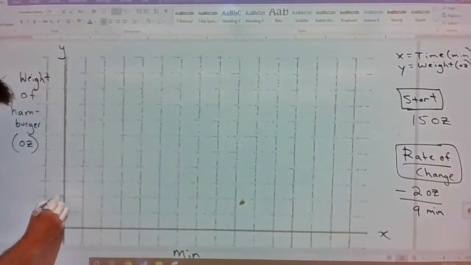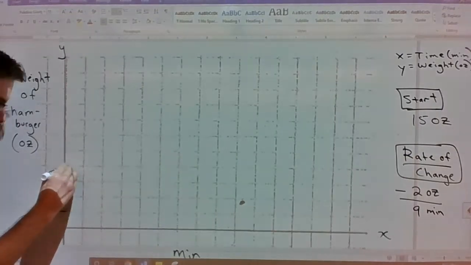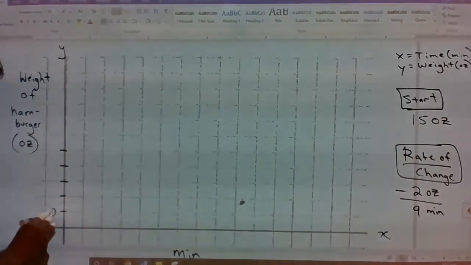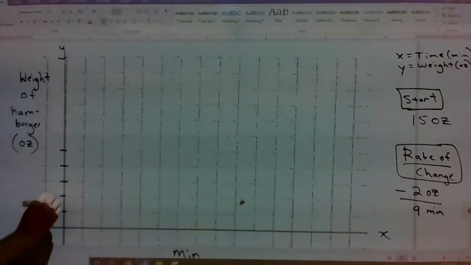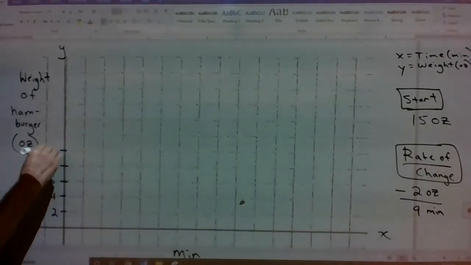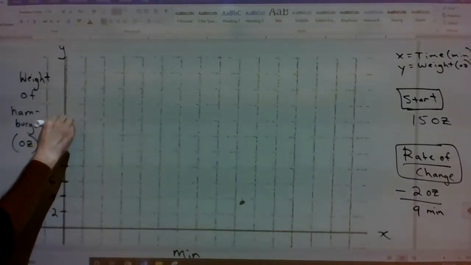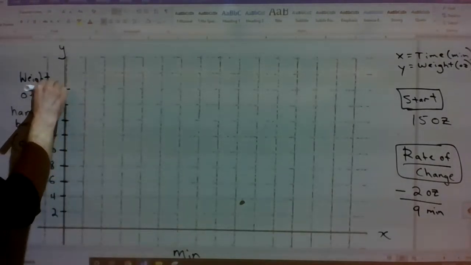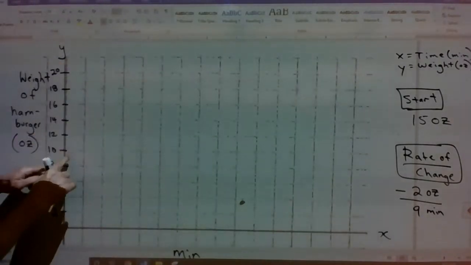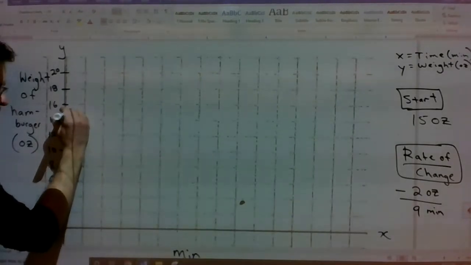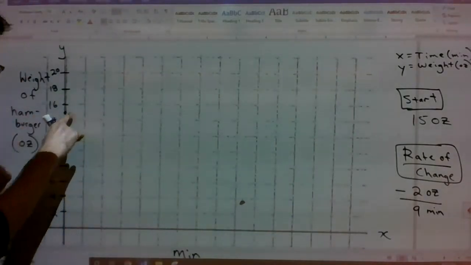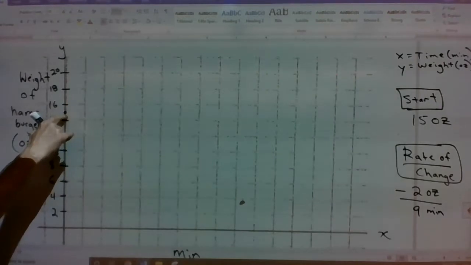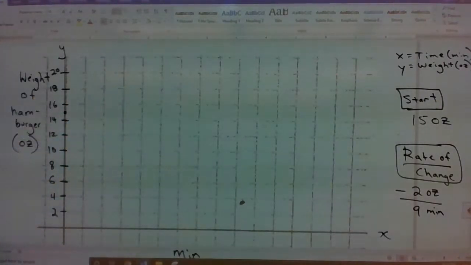So 2 ounces, 4 ounces, 6 ounces, 8 ounces, 10 ounces. If we count by twos on the y-axis, we certainly will make it up to 15. There's our starting point. Our starting point is 15 ounces directly on the y-axis.